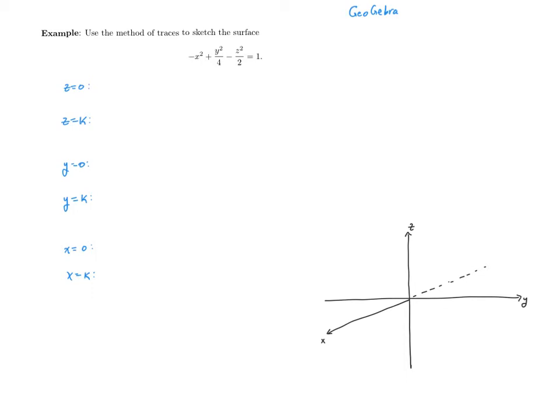So for z equals 0, if that z term is just not present in our equation, what we would have is, and I'm going to arrange the order slightly differently here, y squared over 4 minus x squared equals 1. The question is, what type of conic section does this give us? The answer is a hyperbola.